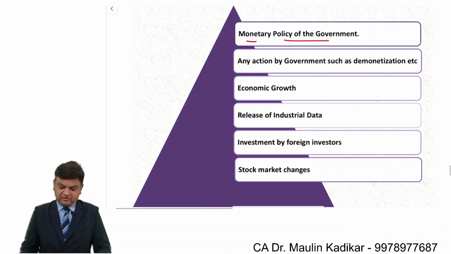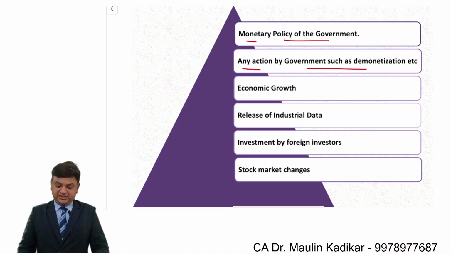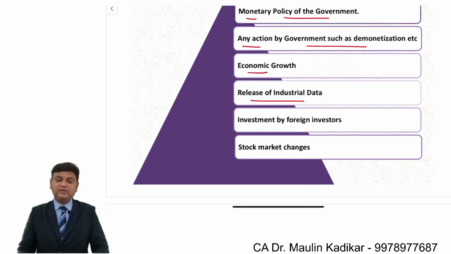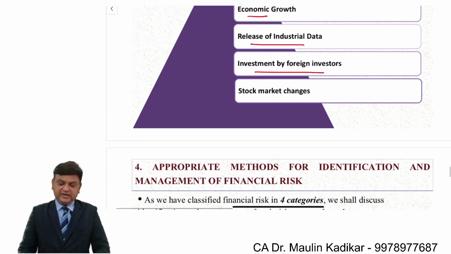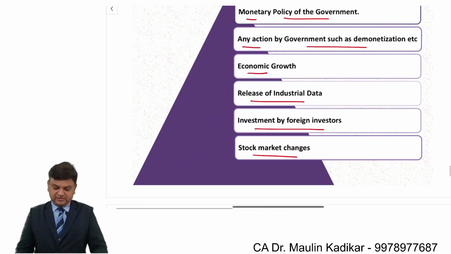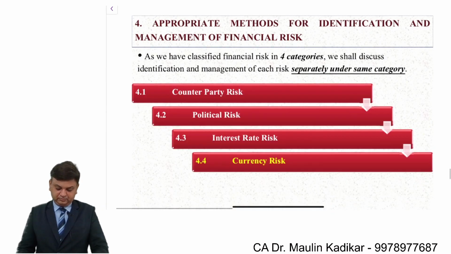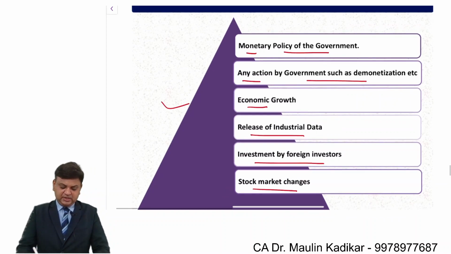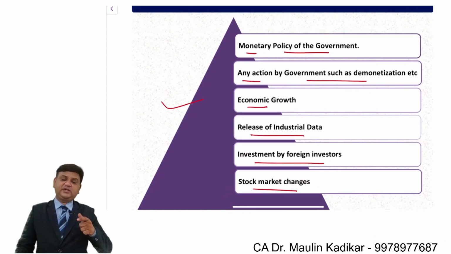Monetary policy of the government, any action by government such as demonetization, etc., economic growth, release of industrial data, investment by foreign investors, and stock market changes. So over here they have provided only the identification of the interest rate risk.